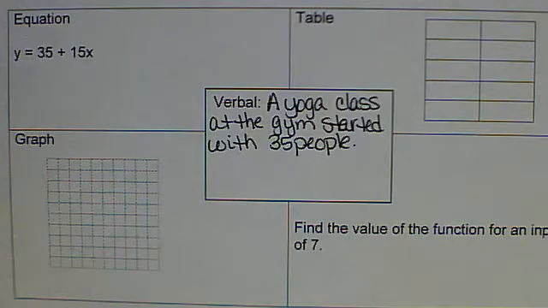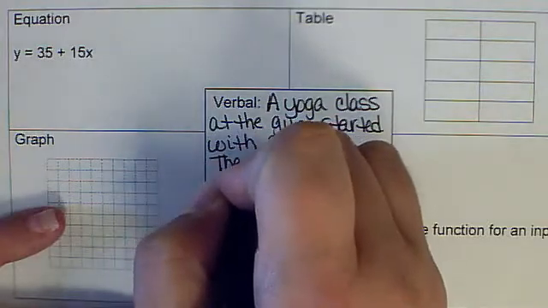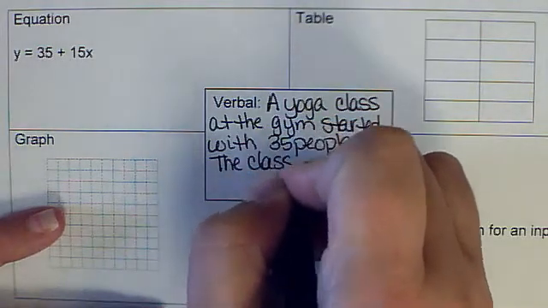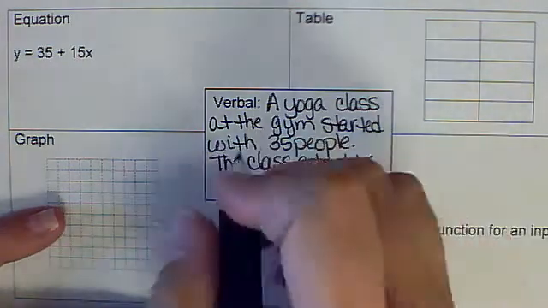That's the 35. Now that plus 15x means that we're adding 15 people per something. So do you want to think about it as per week, per day, per hour, per month, per whatever you want it to be? So I'm going to say that the class added 15 people.